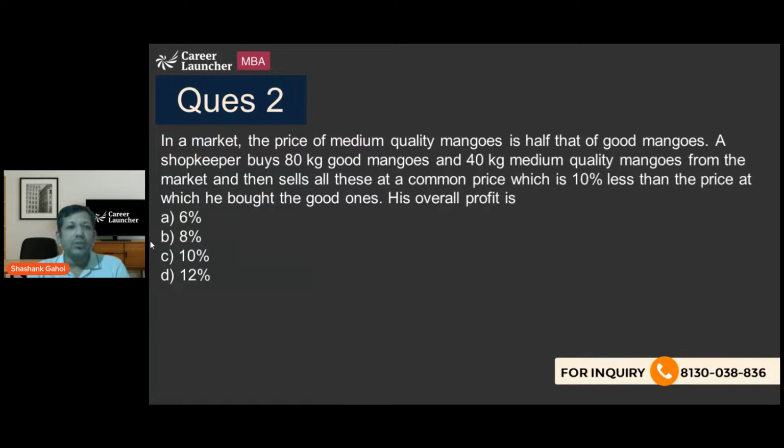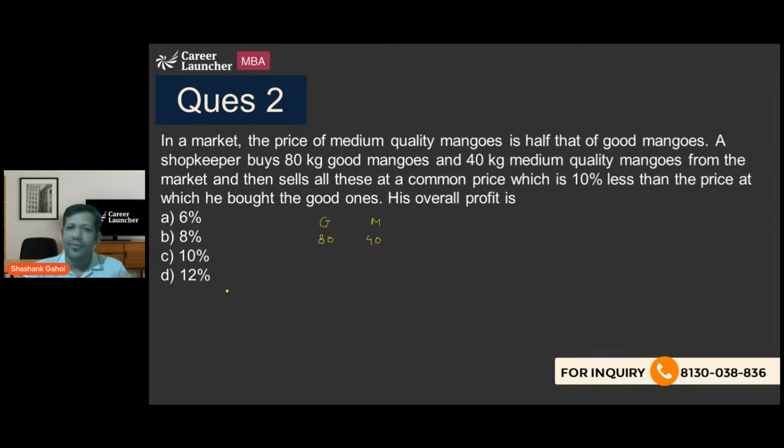If you look at this question, the numbers are not given, right? So basically the profit is 10%, or less than 10%, whatever it is. The good quality that the shopkeeper is buying is 80, and medium quality he is buying is 40. I need to calculate my final value in terms of percentage.